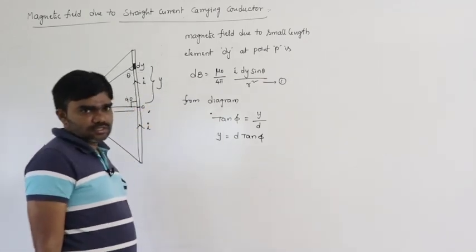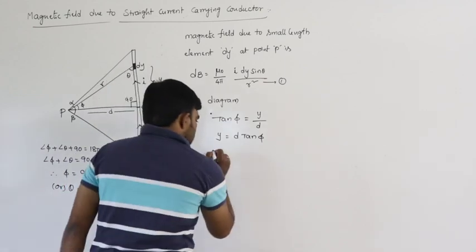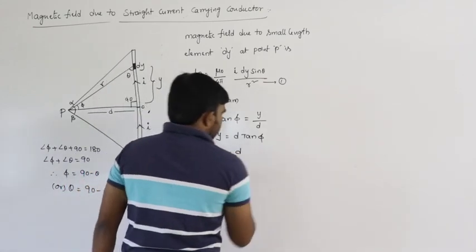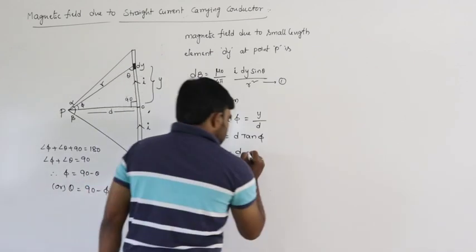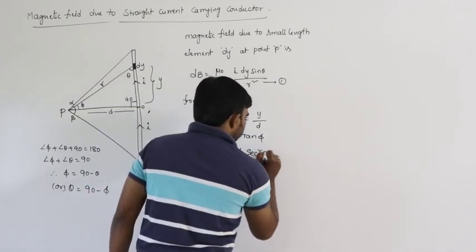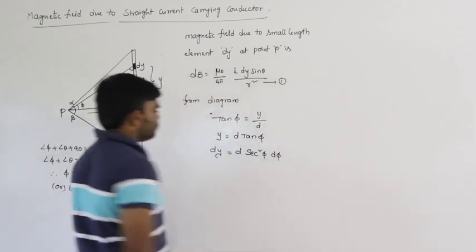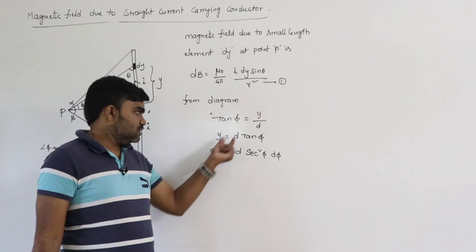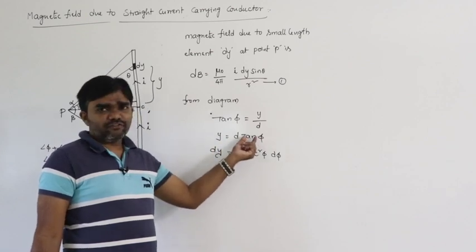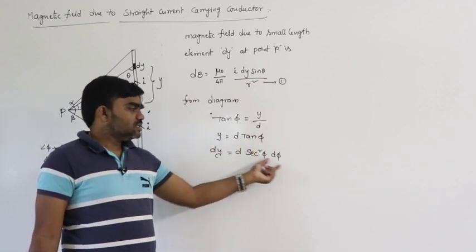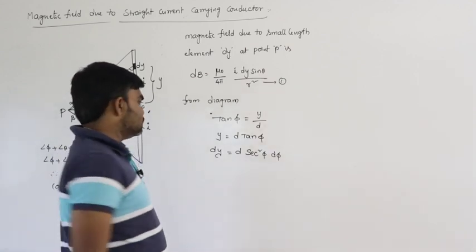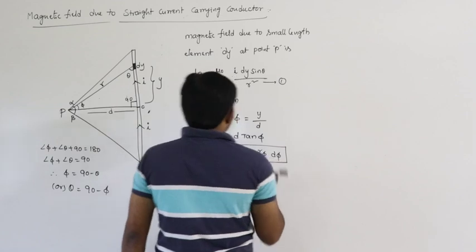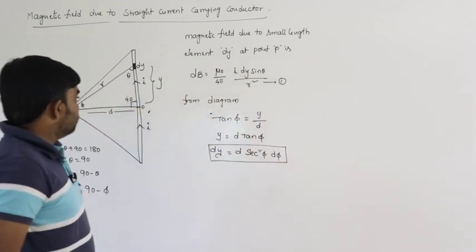Differentiating on both sides, dy is equal to d into the derivative of tan φ, which is sec² φ dφ. So this is the value of dy.